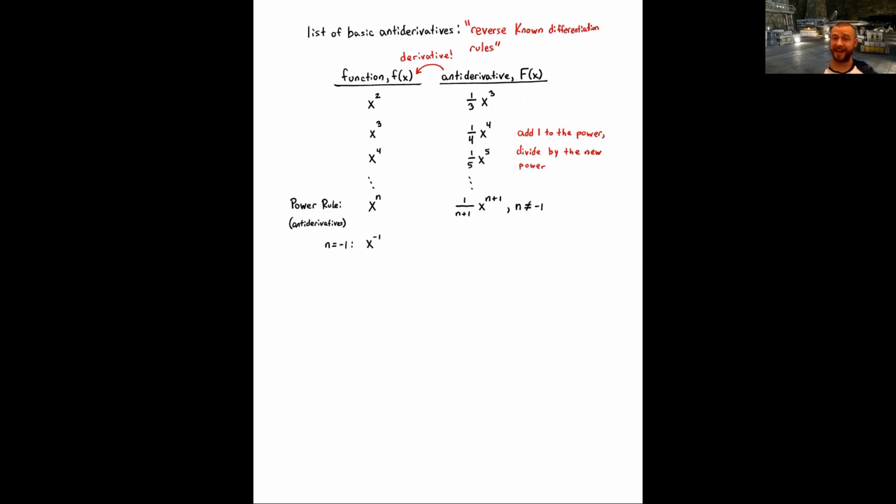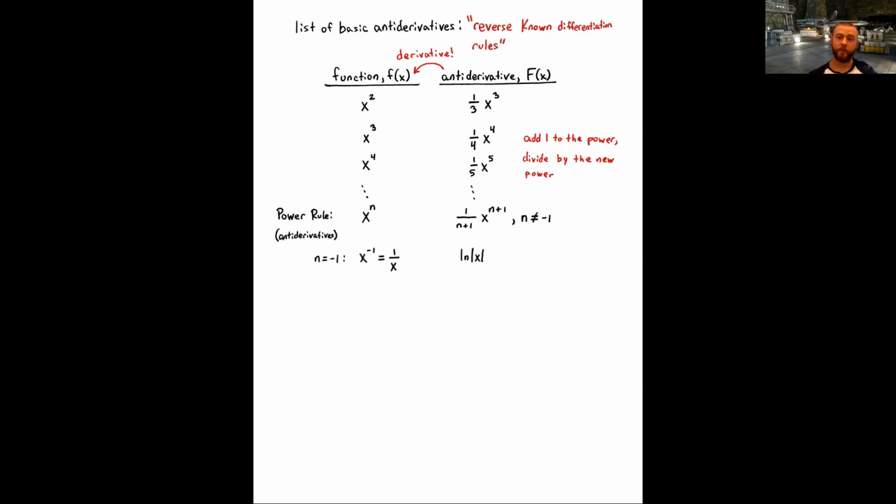All right, did you get any ideas for what the antiderivative should be? Well, notice if you rewrite that expression, x to the -1, as 1 divided by x, using your basic exponent rules, now you might be able to think, do I know a function that differentiates to 1 over x?